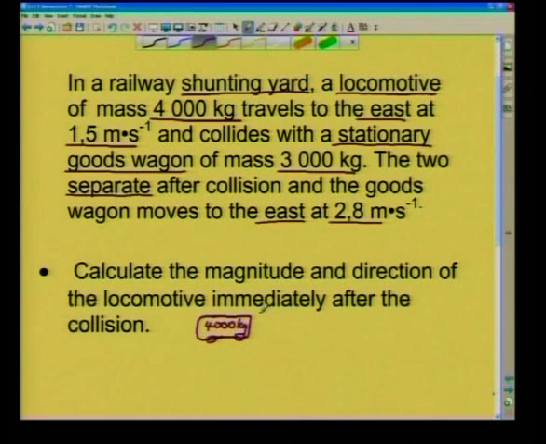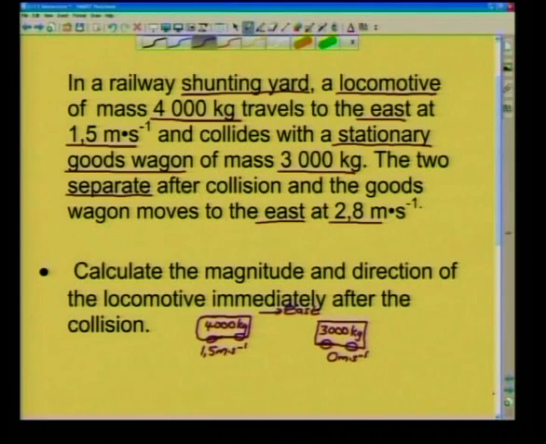So let's say this is the east side, and it is moving at 1.5 meters per second to the east. When it is moving like that, it collides with a stationary goods wagon of mass 3,000 kilograms. And this one, its velocity is 0 meters per second because it is stationary.